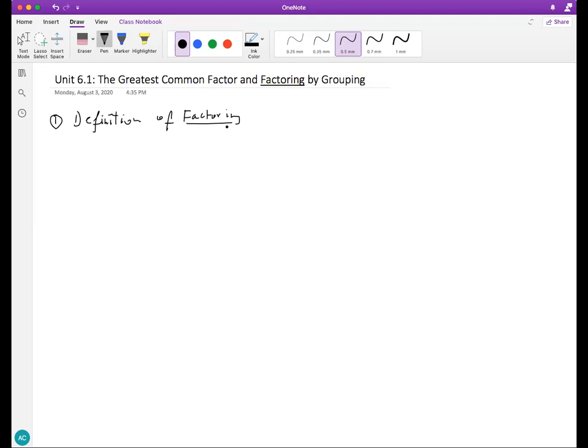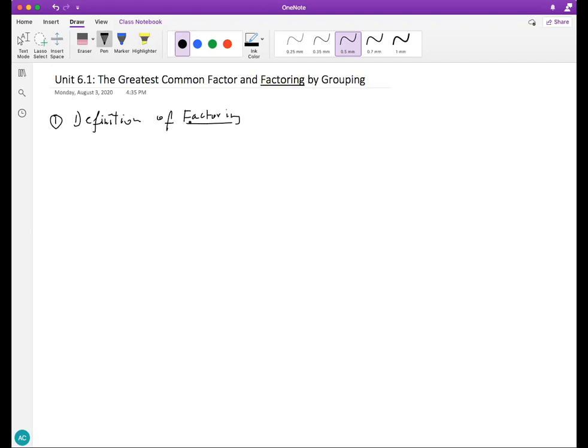It helps us do a lot of things, including simplifying complex expressions, multiplying expressions with polynomials, also solving quadratic equations and higher degree equations. So throughout this course, we're going to be involved in factoring directly or indirectly. And it's also based on the rules of exponents. We talked about the rules of exponents earlier this semester.